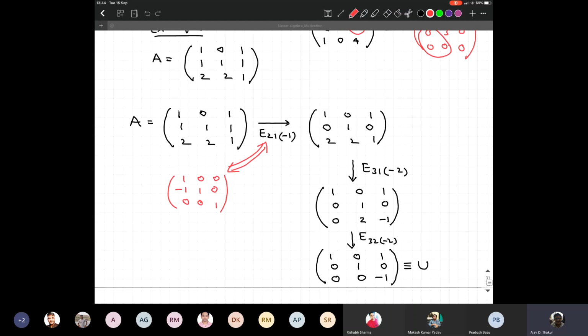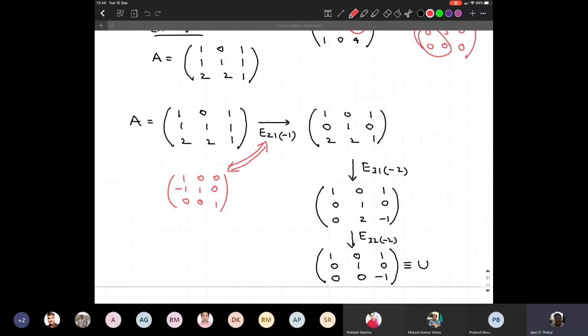So the next task is now we need to eliminate this third row, first column, so 3 1. In order to eliminate that number, what we can do is simply multiply the first row by minus 2 and add it to the third row.